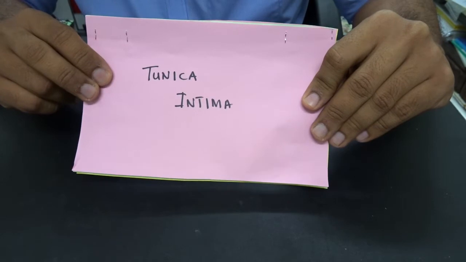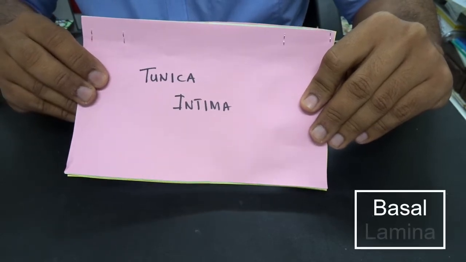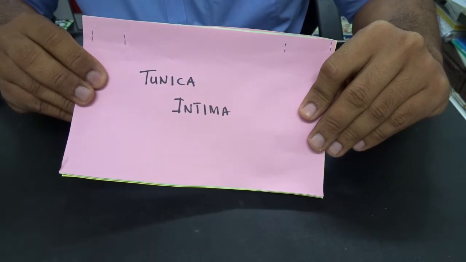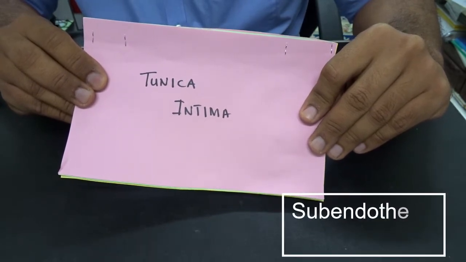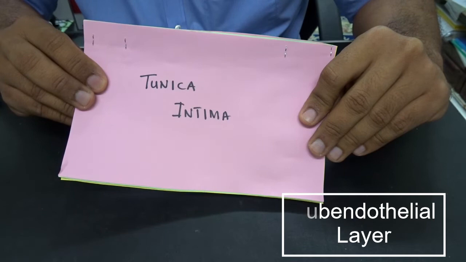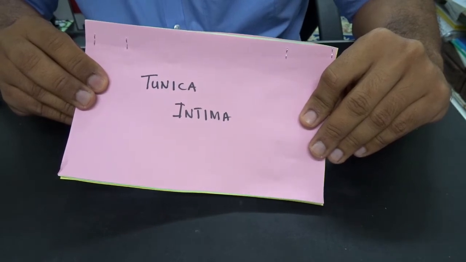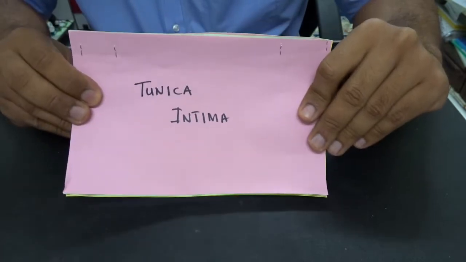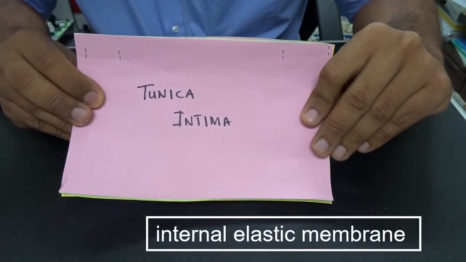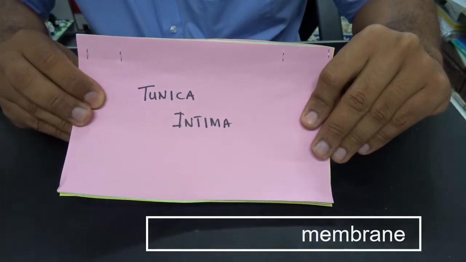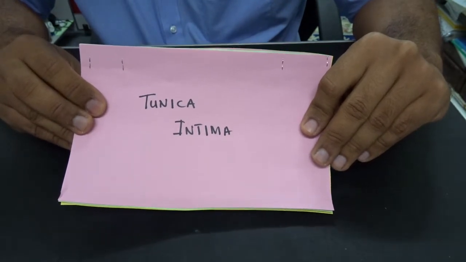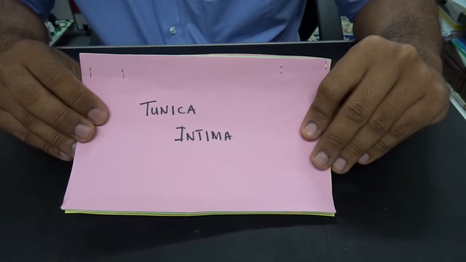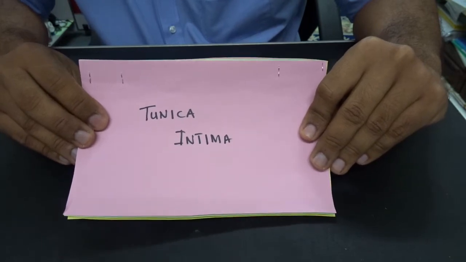Apart from that, it also has the basal lamina, the structure that supports the endothelial layer, and the subendothelial layer, which contains some connective tissue that also supports the endothelial layer. Also within the tunica intima, there is the internal elastic membrane that helps the blood vessels maintain their structure. It can stretch and contract easily.